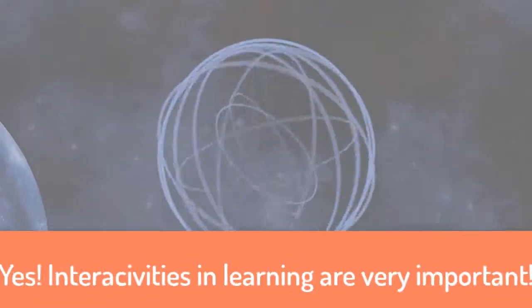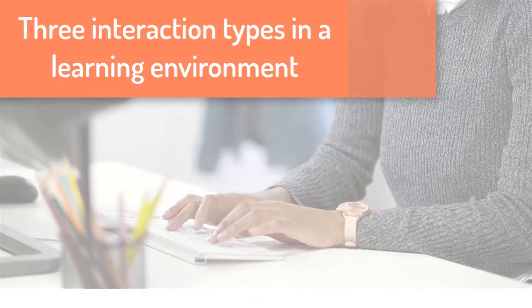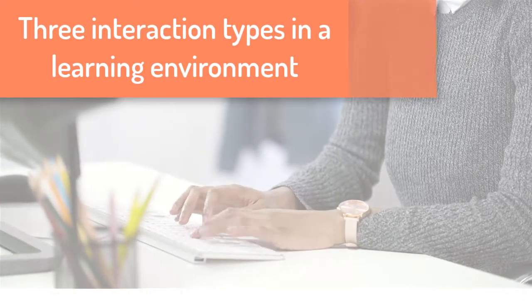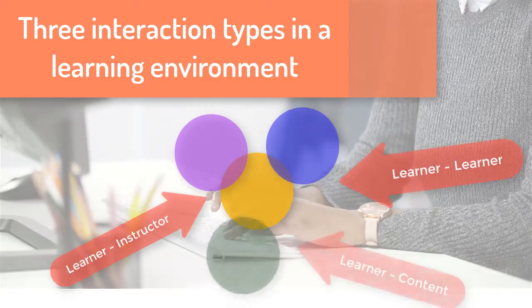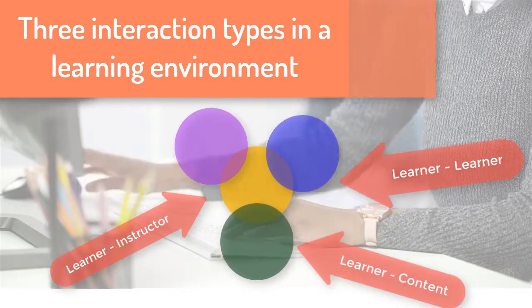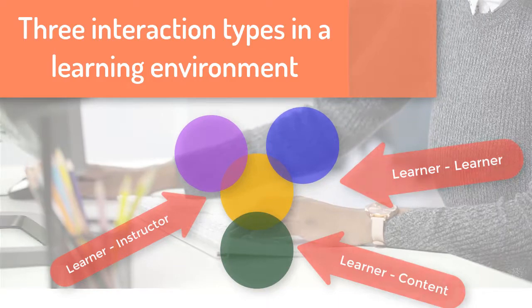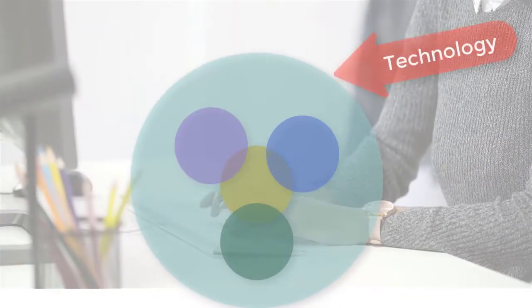In other words, yes, interactivities are very important. There are three different types of interactions that usually happen in a learning environment: learner-instructor, learner-learner, and learner-content. In e-learning, there is another form of interaction that happens with all the stakeholders: interaction with technology.